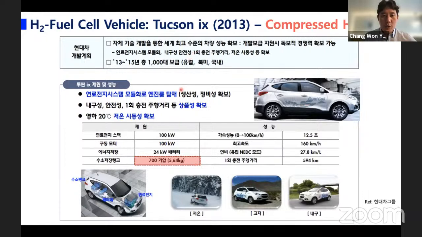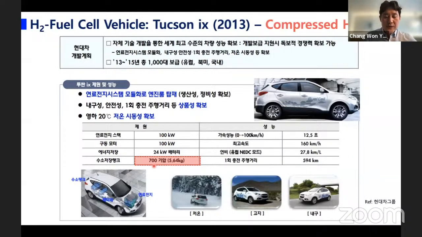The red box here means a 700 bar pressurized gas tank equipped inside this fuel cell vehicle.